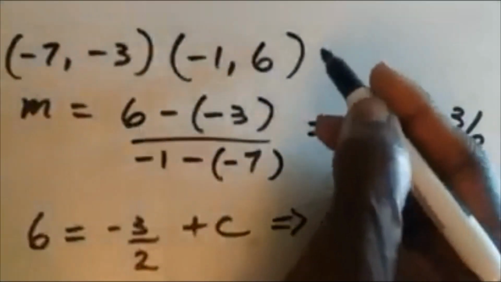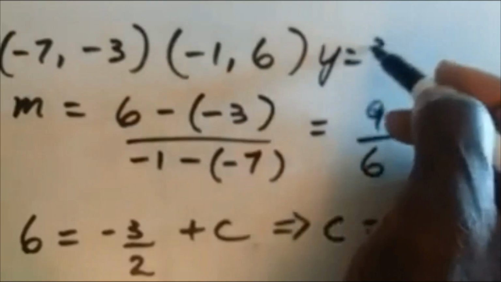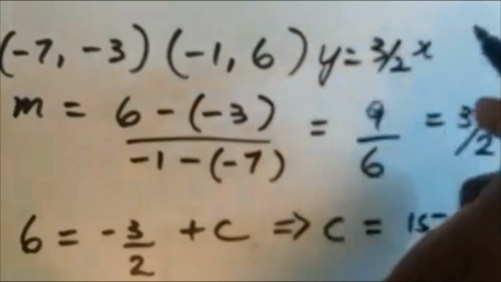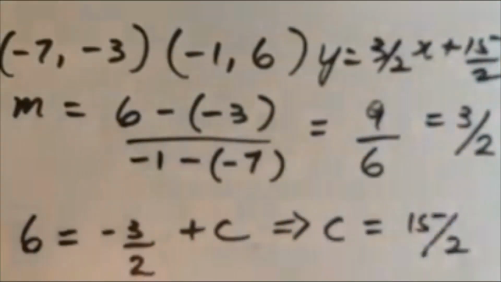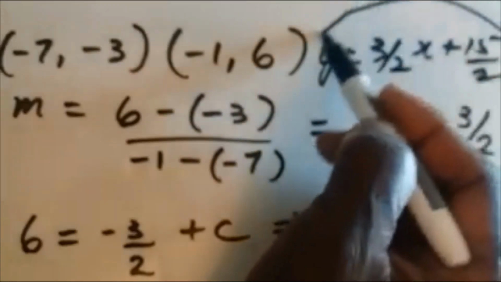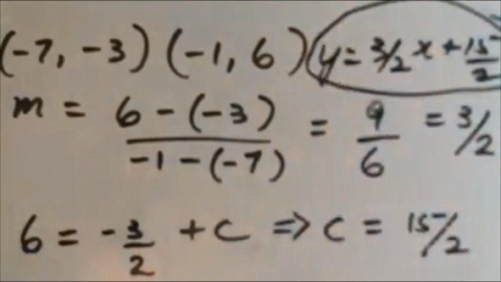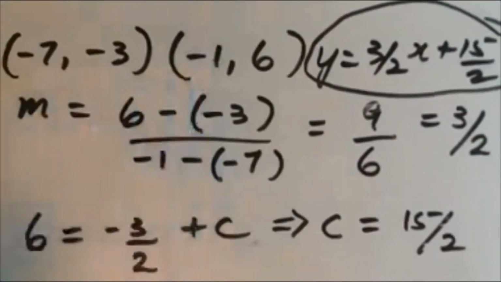So y is equal to 3 over 2 x add 15 over 2. And that's the equation of the line passing through these 2 points.